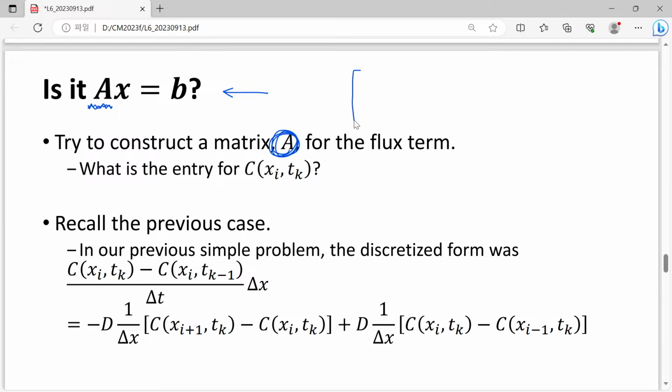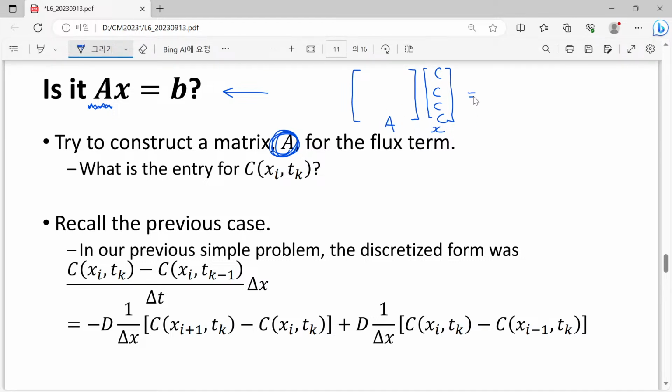When you make a certain matrix and your solution vector is just C, then when you evaluate this Ax term, what you get is just a collection of many equations, and these equations are something multiplied by c, something multiplied by c, and another something multiplied by c, and so on.